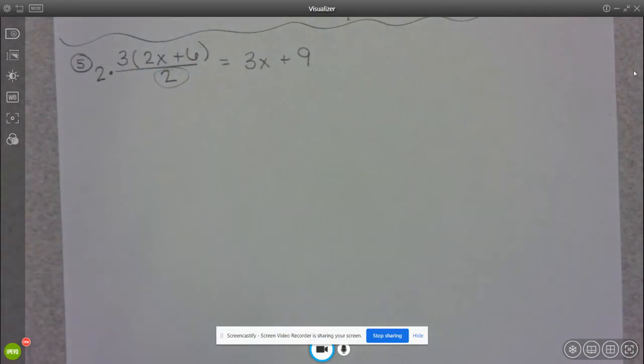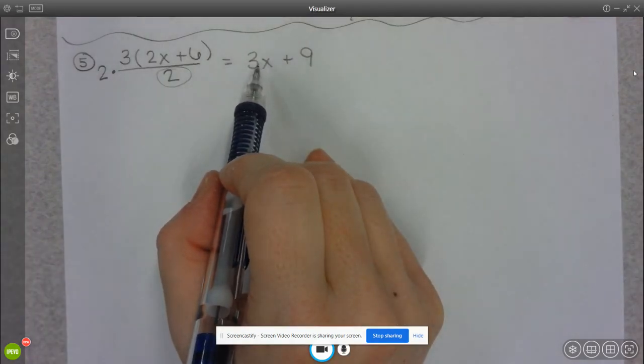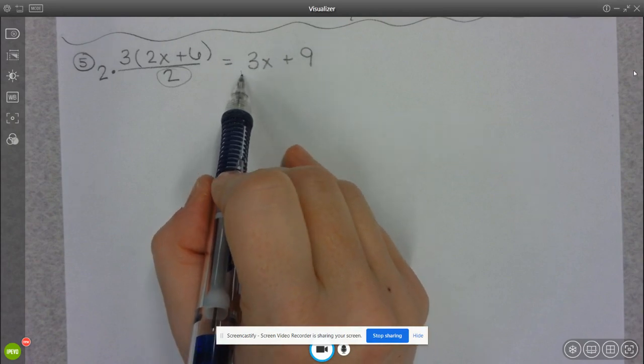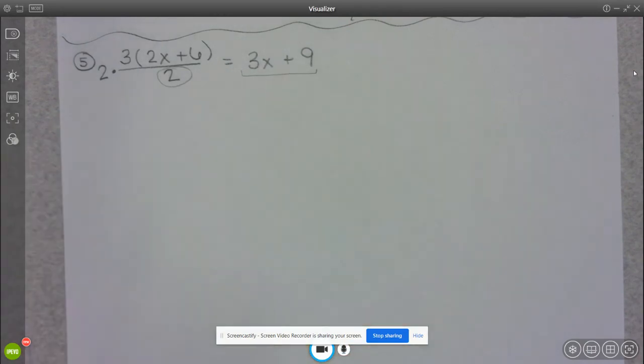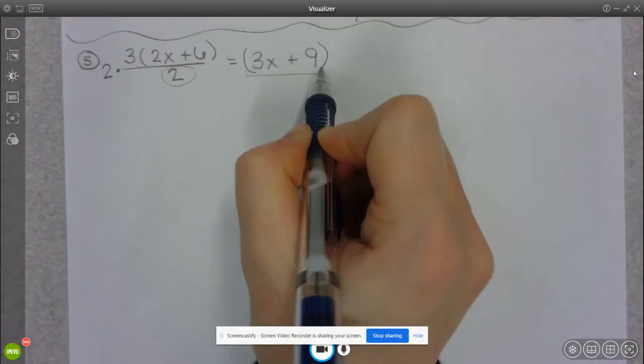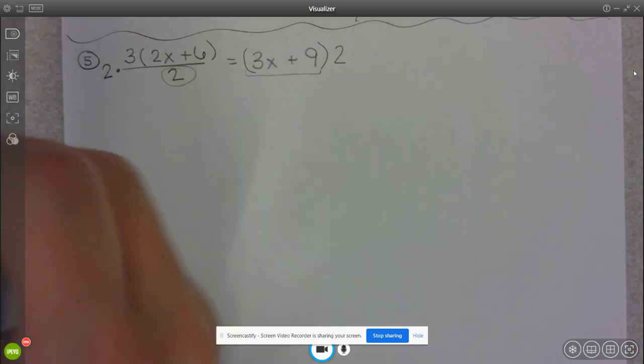But I have to be careful because I'm not just multiplying 3x by 2. I have to multiply everything on this side of the equation by 2. I have to maintain that balance. So what I'm really doing is creating another set of parentheses that I need to distribute through.